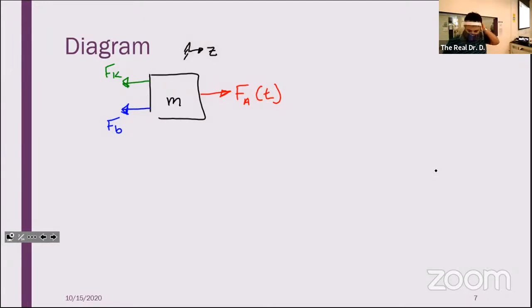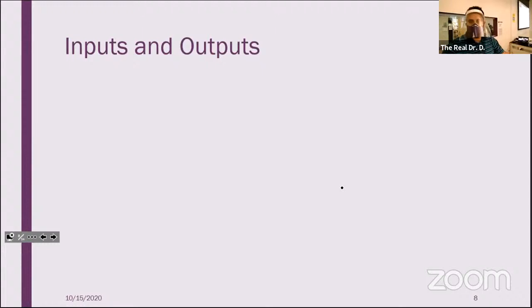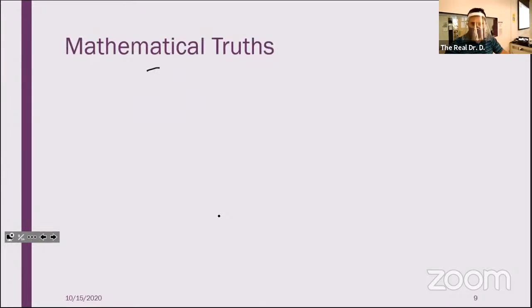What about inputs and outputs? What do I have on this? Yep. F_A is the input. Say that the position is the output. I give this some force and I produce some movement. So we write down our mathematical truths.